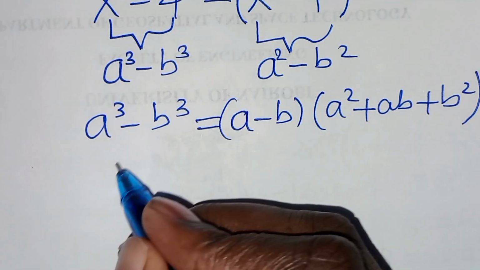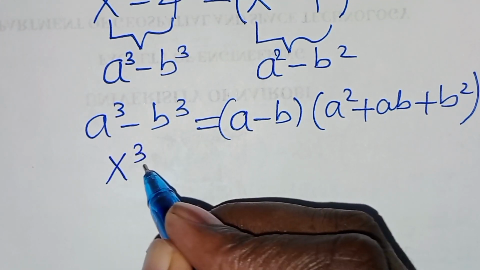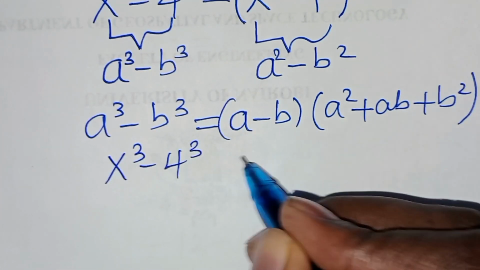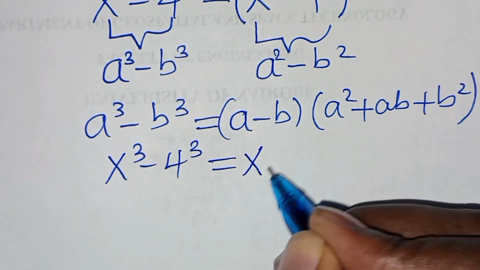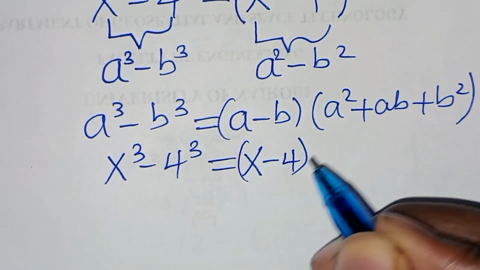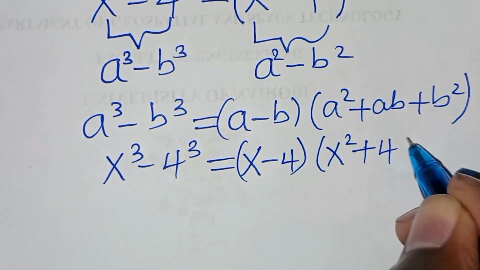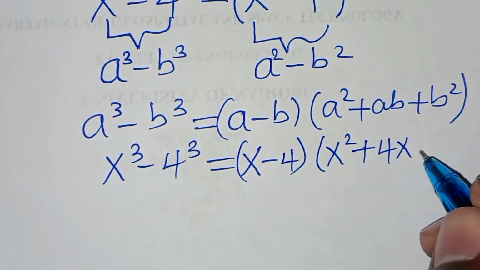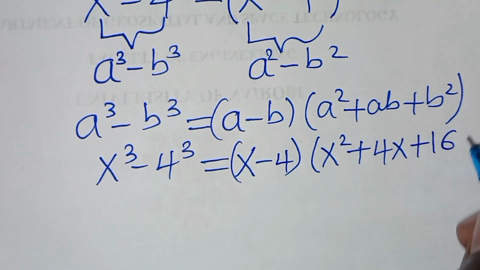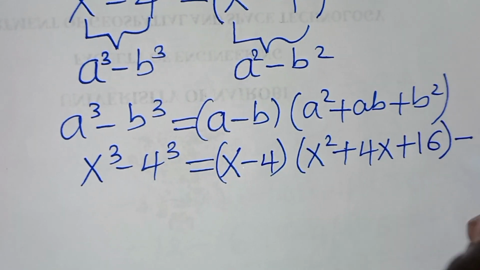So x to power 3 minus 4 to power 3 can be expressed as x minus 4, here we'll have x squared plus 4x, then plus 4 squared, which is 16. Let's call this equation 1.